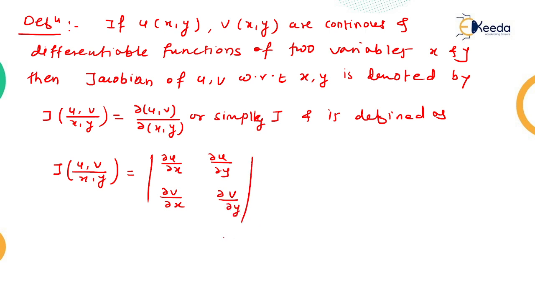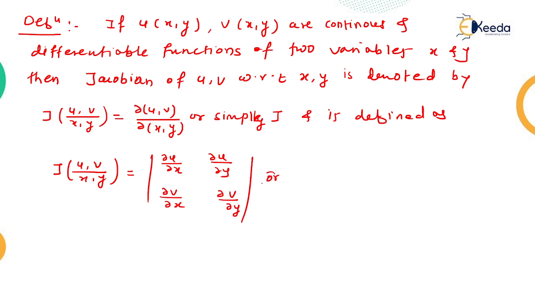Because u and v are functions of two variables, we differentiate u with respect to x and y and differentiate v with respect to x and y. So you observe this is a 2 by 2 determinant. In the first row you write the partial derivatives of u with respect to x and y, and in the second row the partial derivatives of v with respect to x and y.